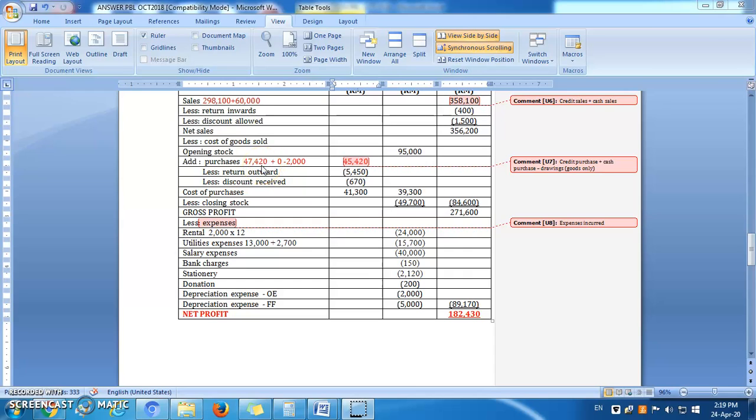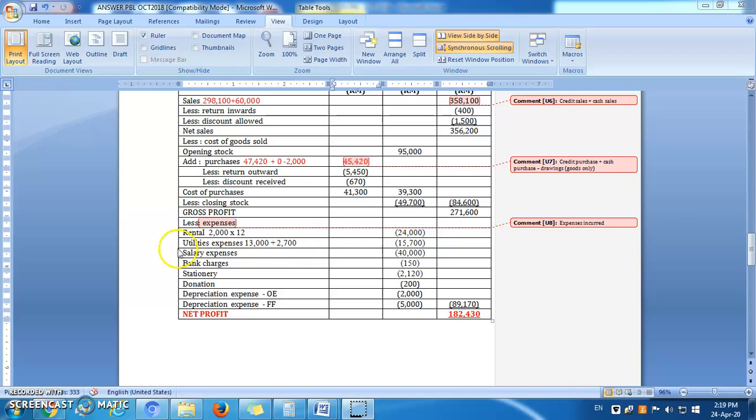So we only have credit purchase, which this amount is retrieved from our account payable. We also need to deduct any drawings in terms of goods. So that's why we have minus 2,000 here, because the owner made a drawing from inventory.